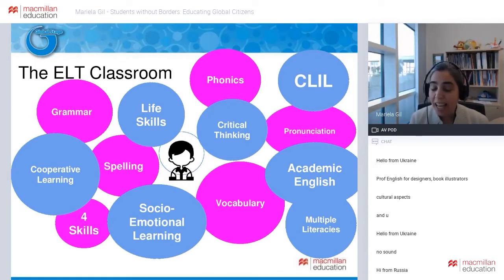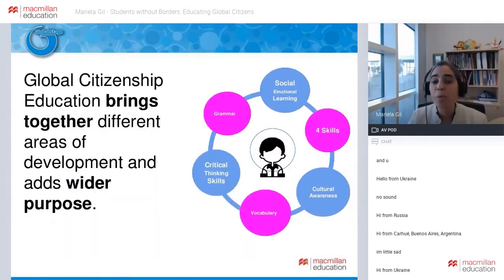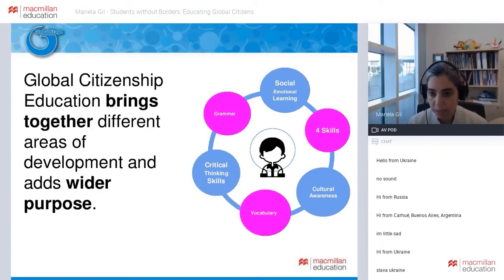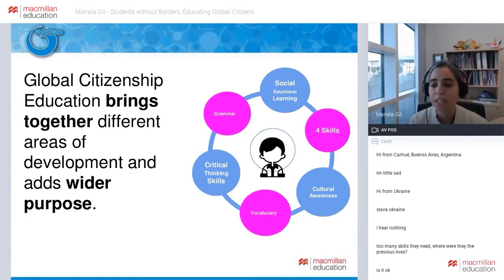So today, I'd like to bring in the topic of global citizenship and say that actually this is something that can help us bring everything together. Global citizenship can bring together the different areas of English and other strands of development and give us a wider purpose, both to the students, regardless of their age, and to the teacher.